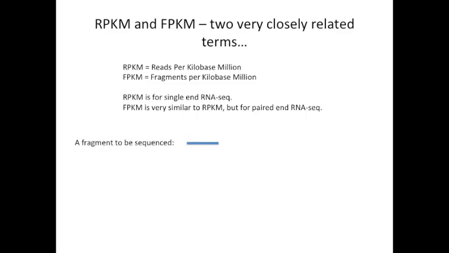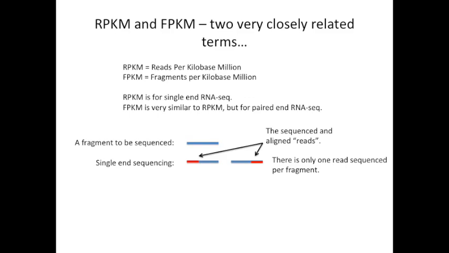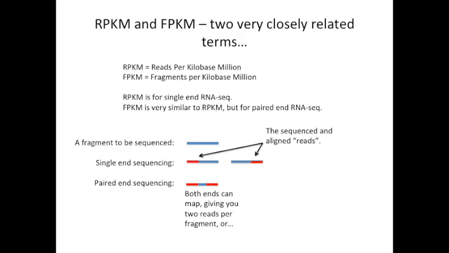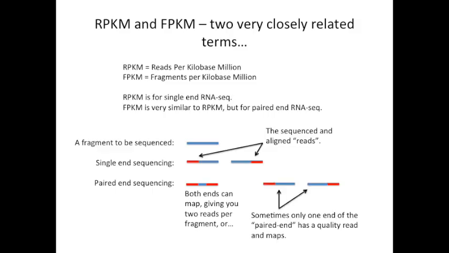To illustrate why it's necessary to make this distinction, consider a fragment that is to be sequenced. With single-end sequencing, there is only one read sequenced per fragment. That read is either on one end of the fragment or the other end of the fragment. In contrast, with paired-end sequencing, both ends can map, giving you two reads per fragment, or sometimes only one end of the paired end has a quality read and maps.